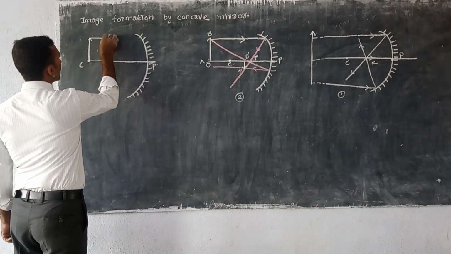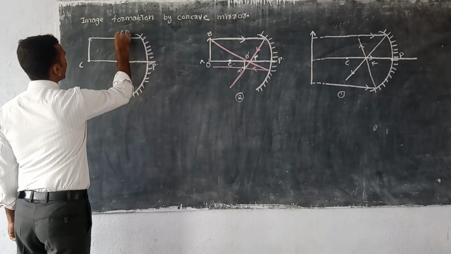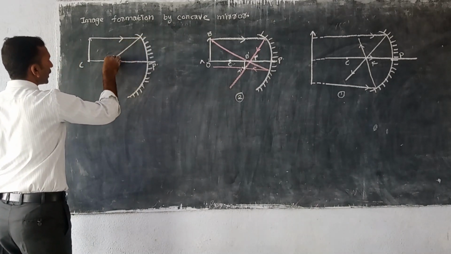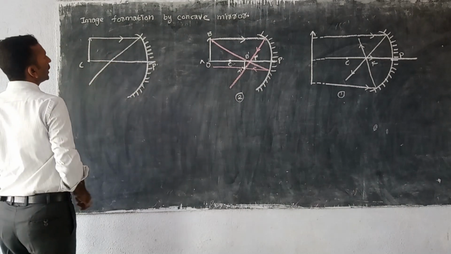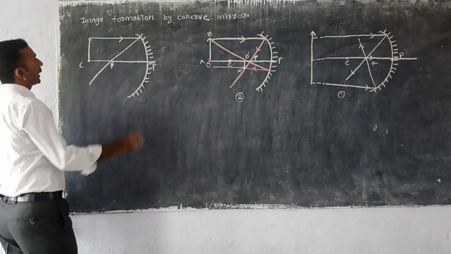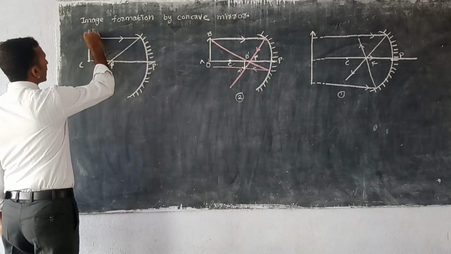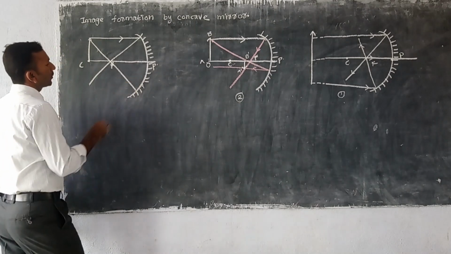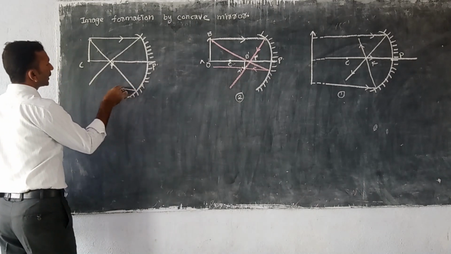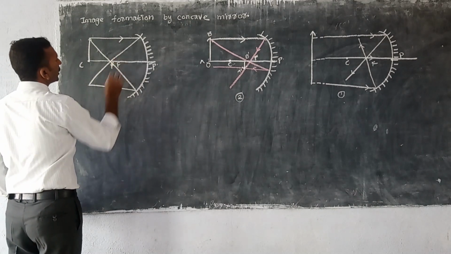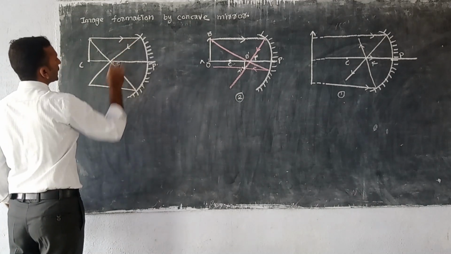First is the parallel light ray, and after incidence on the mirror surface it goes through the focal point. If we take another light ray which goes through the focal point, after incidence it reflects back parallel to the principal axis. So this is the picture.